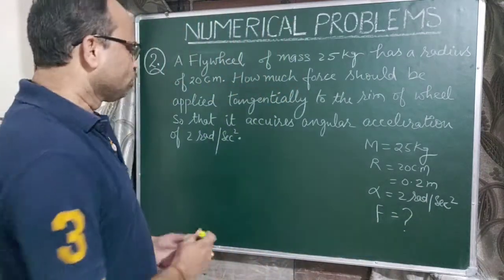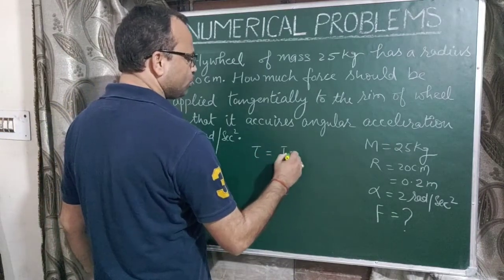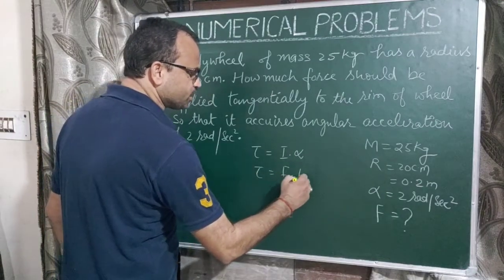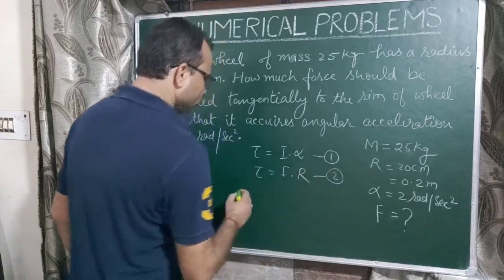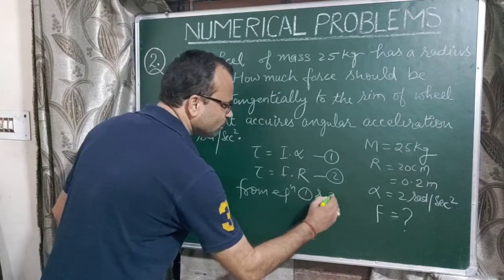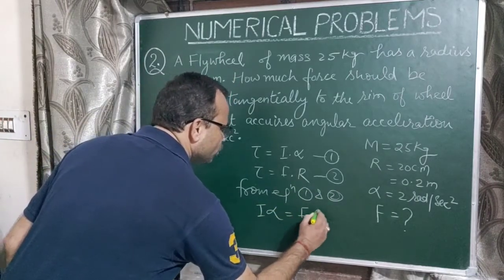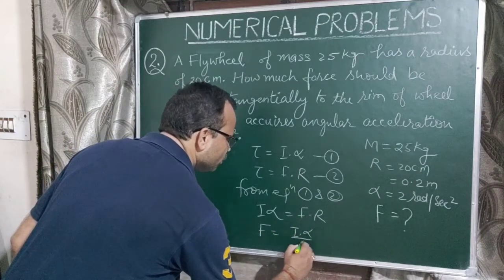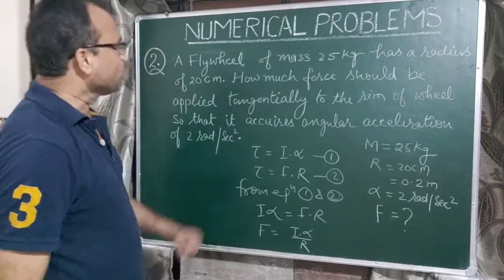Okay, so as we know that tau equal to I into alpha. We also know that tau equal to force into perpendicular distance. Suppose this is equation 1 and this is equation 2. So from equation 1 and 2, I alpha equal to F into R, and F equal to I alpha upon R. Now the problem is, what is the value of I?